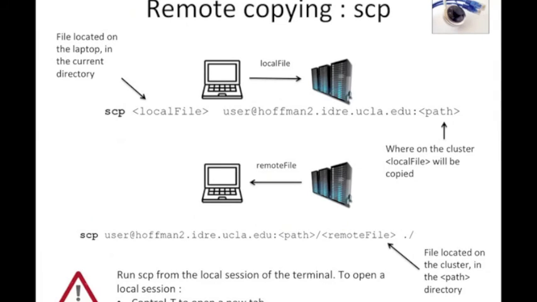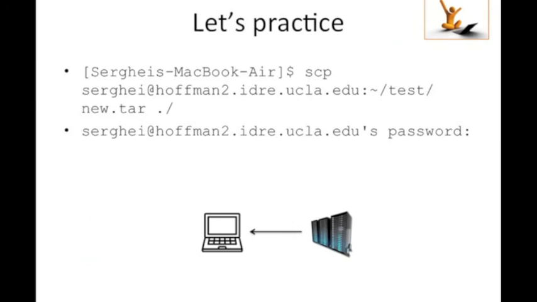So we open the new tab. That will be the tab corresponding to the local session. So we will be running those two commands from there, both ways. And then basically you don't need to do anything, because by opening a new session, that will be by default the local session corresponding to your laptop.